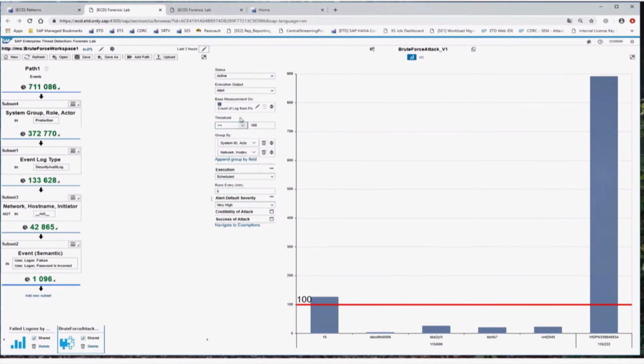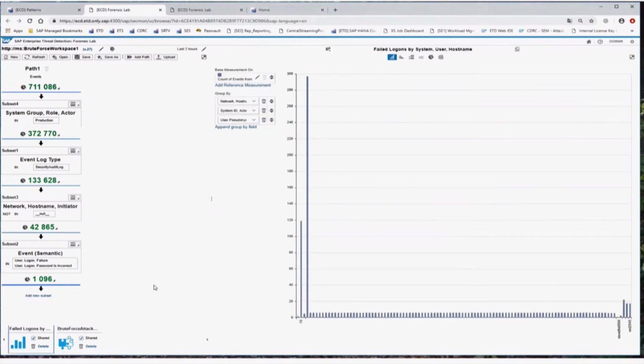In the middle here, we can drill down into more information to get an idea of what's going on. You can activate the alerts here. You can deactivate them. There are different views that you can take of the system through these various options. So right now we're looking at the failed logons by system, user, and host name.